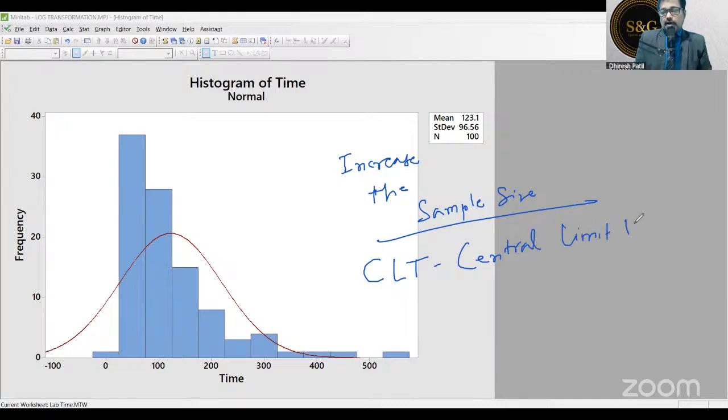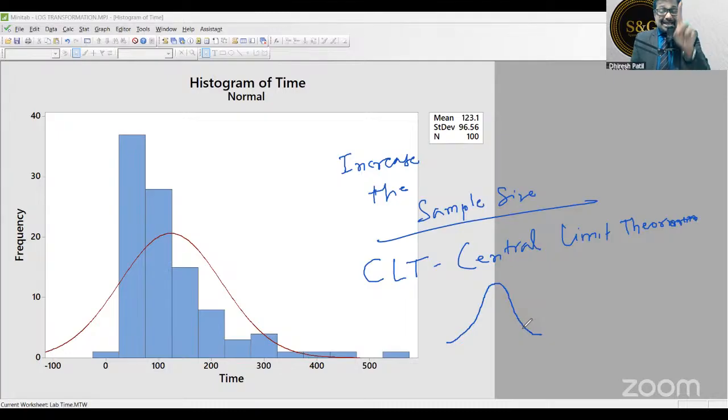With this central limit theorem, generally, whenever you get more than 30, 50, 100 data points, naturally the data will get a normal distribution shape.